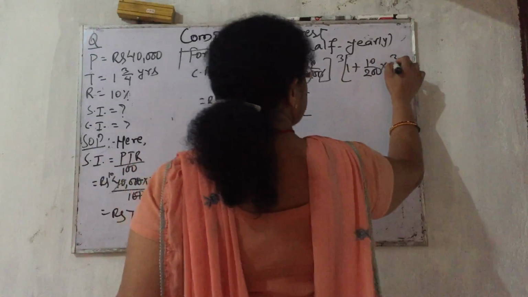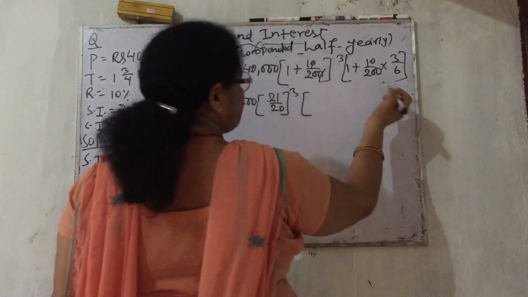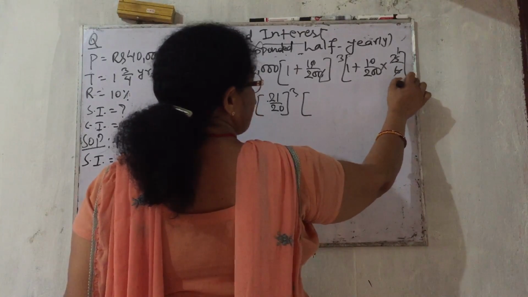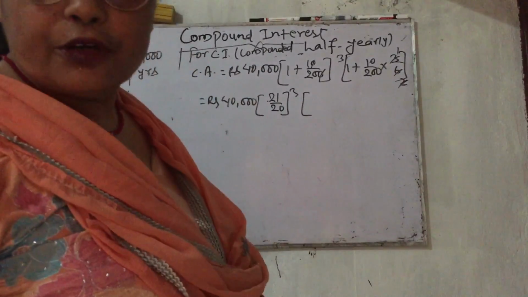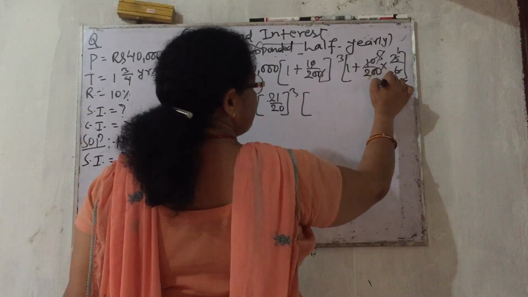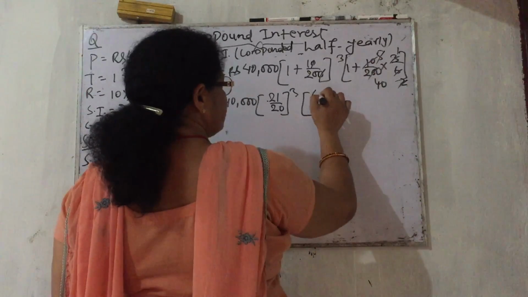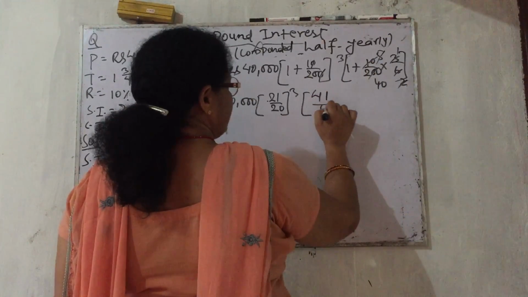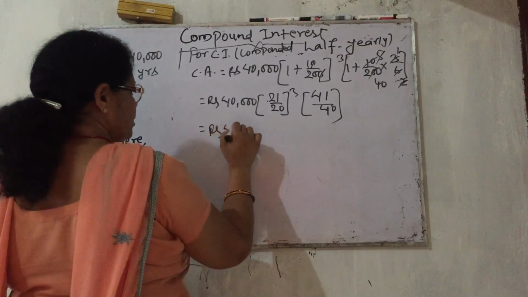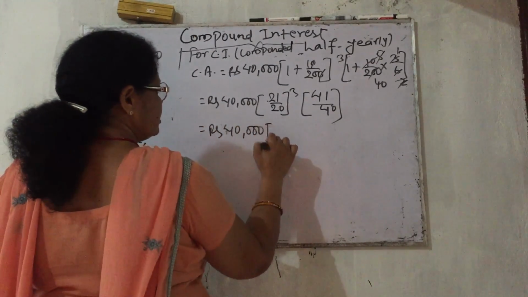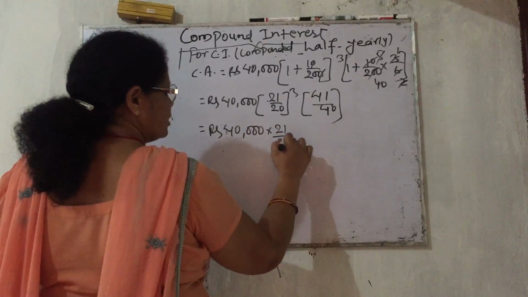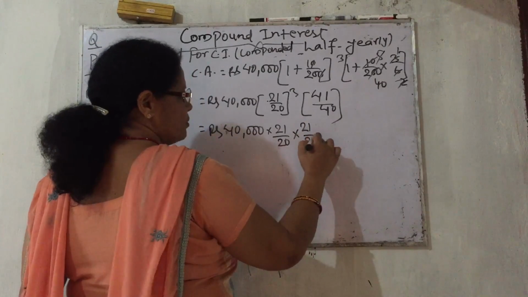Then 3 1s are 3, 2 5s are 10... it will be 2 20s are 40, so 40 plus 1. It was correct, 41 by 40. So rupees 40,000 into 21 by 20 to the power 3 into 41 by 40.